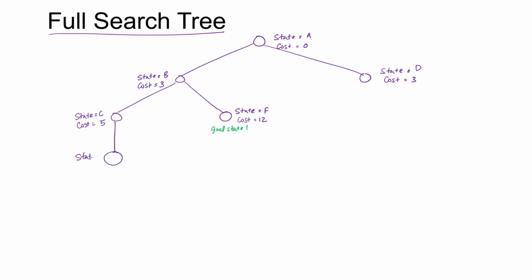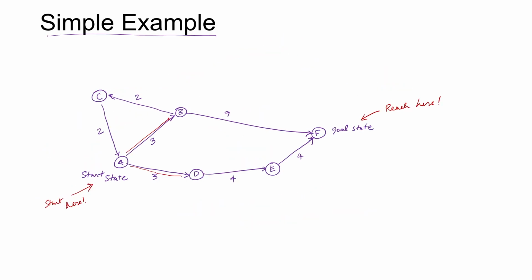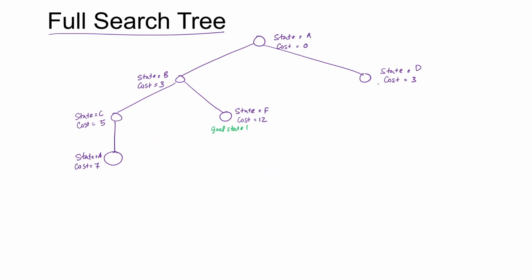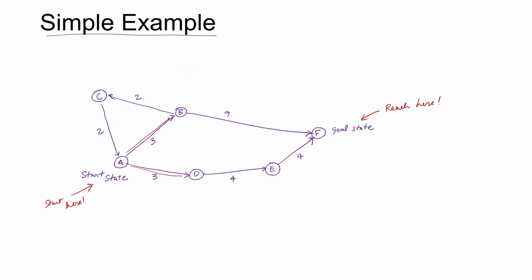And we also did under C, we said state equals A, cost equals 7, and then under D you can see that from D I can go to only E, with a cost of 4 units. At D I have state equals E, cost is equal to 3 plus 4 equals 7. So, we have reached E as part of it.